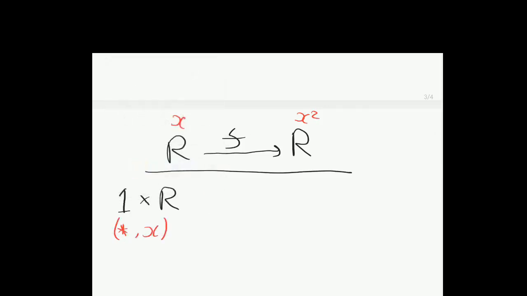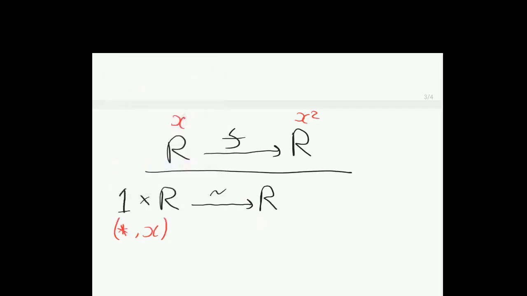And what happens when we do the product of our space with this space 1? Well, it doesn't really change the form of the space actually, so we could say that this space 1 times R is basically the same as this space R.